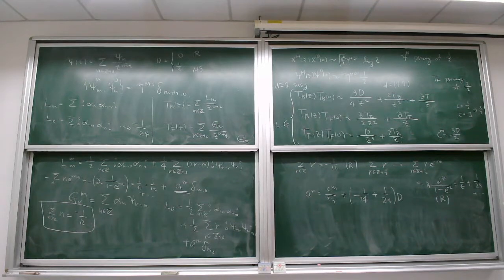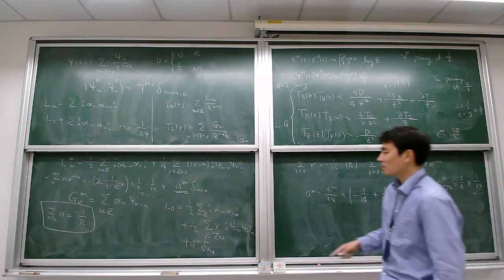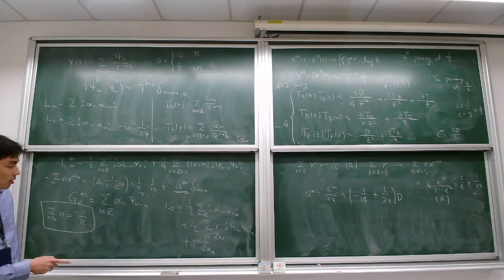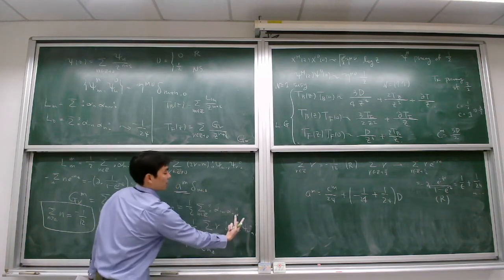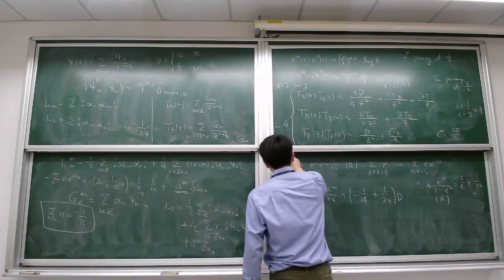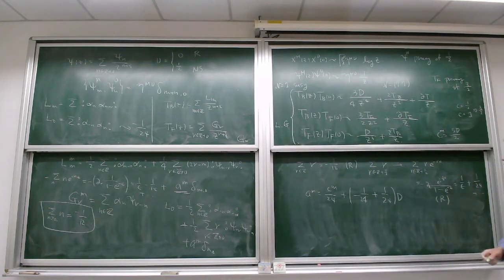Why do I have a minus sign here? Sorry, I got confused. So it should be minus, right? Oh, this is okay. But once you take the normal ordering, you get the minus sign. So therefore you get minus 1/2. Minus 1/2 plus this one, you get a plus sign. This is okay. Sorry, thank you.